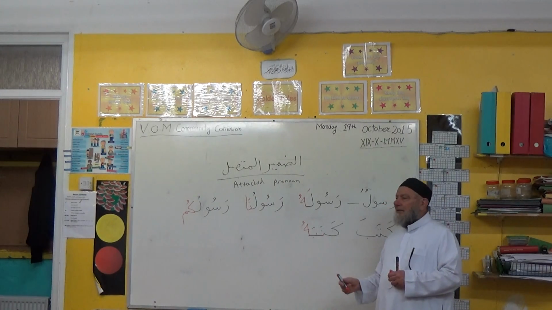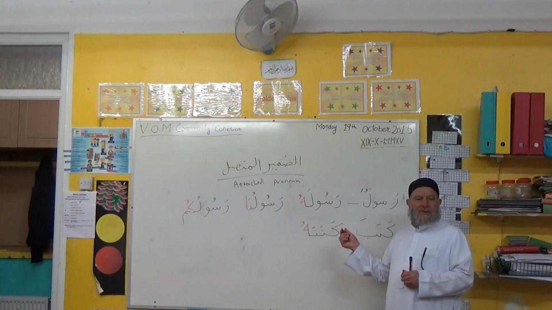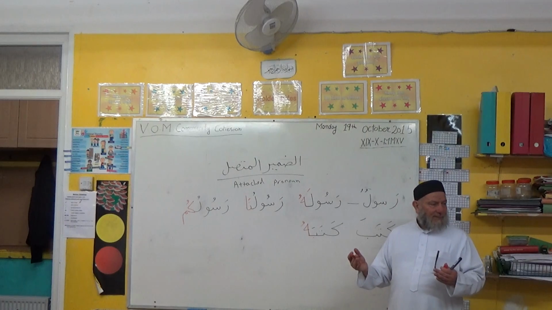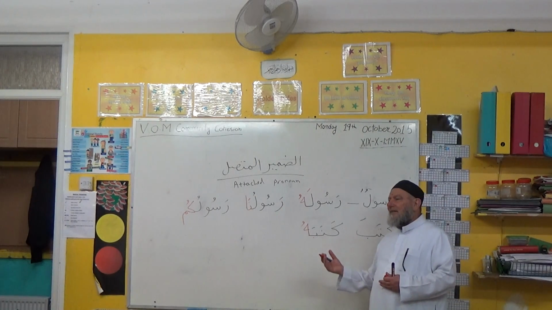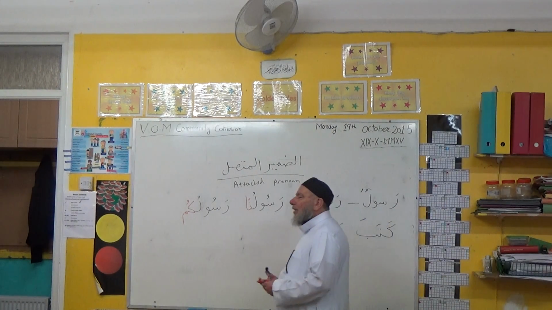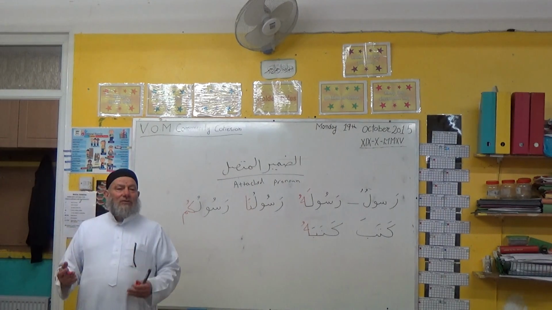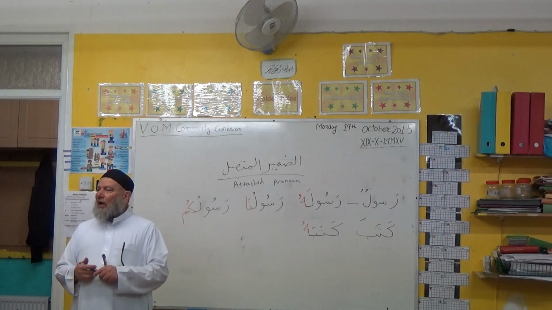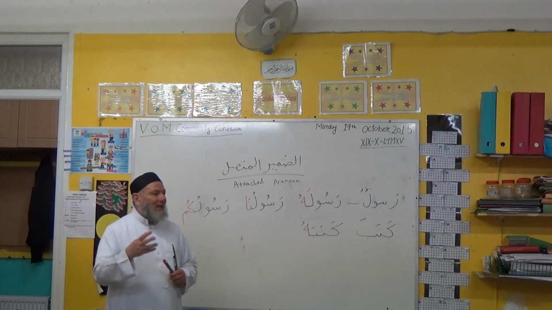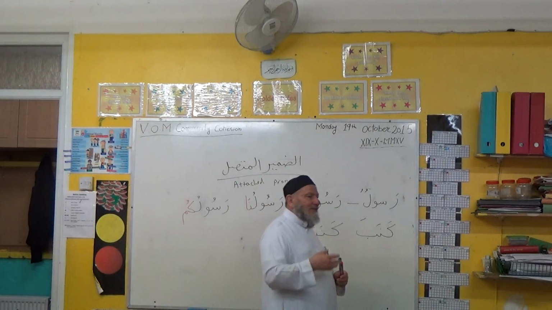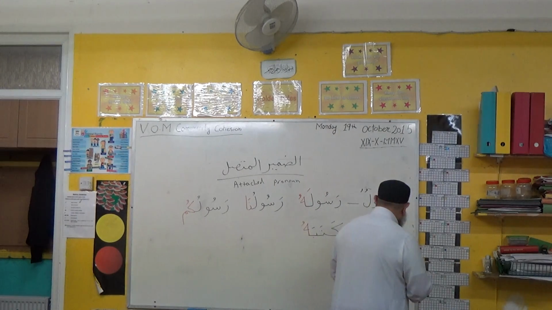Now the ha here, when it is related to the verb, means it. So when I know the verb كتب, then wherever there is a pronoun attached to كتب, I can understand what this verb means.